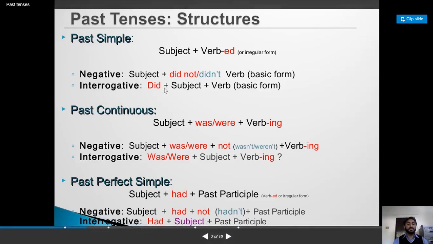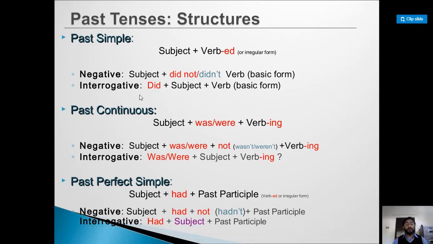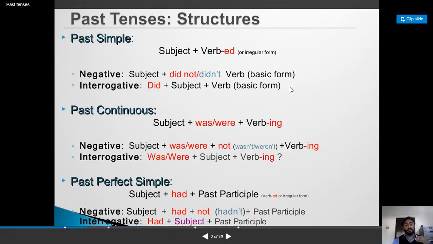For example, did you complete your work? But one more thing to keep in mind is that in every interrogative sentence you must place the mark of interrogation, or question mark.